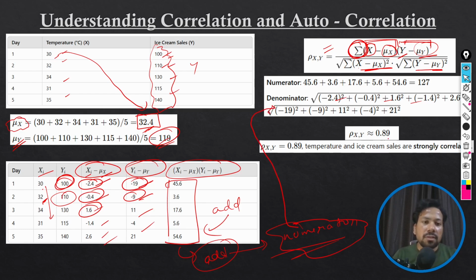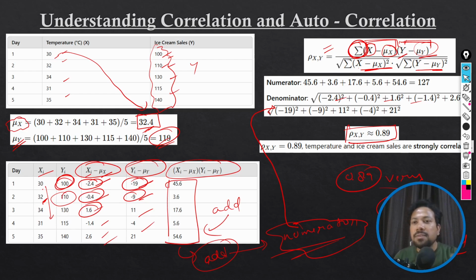After solving that, I get the correlation, which is 0.89, which is very, very close to 1. So we can simply say that the temperature is positively correlated with ice cream sales. That simply means on increasing the temperature, the sales of the ice cream will also increase, right?